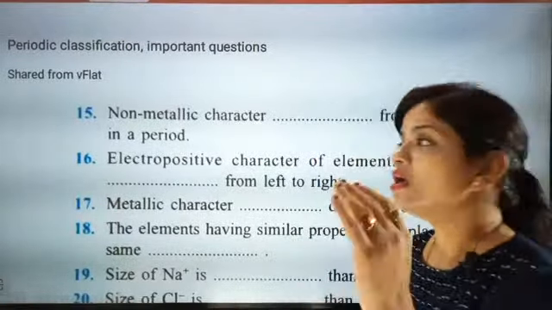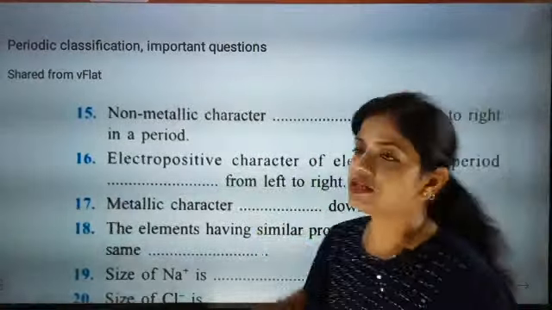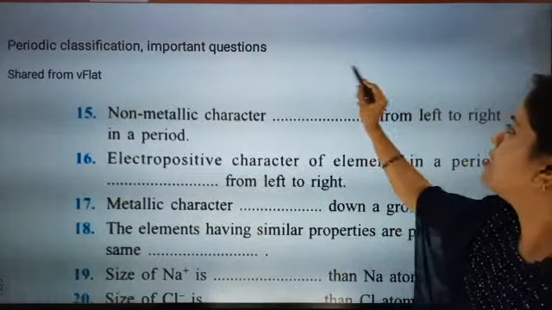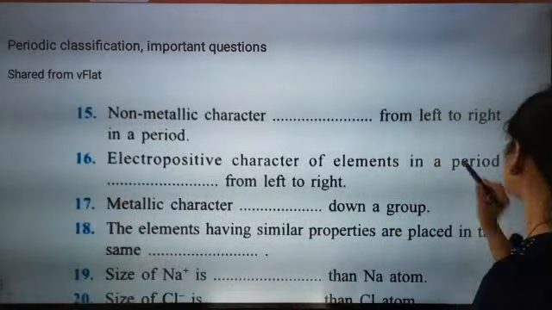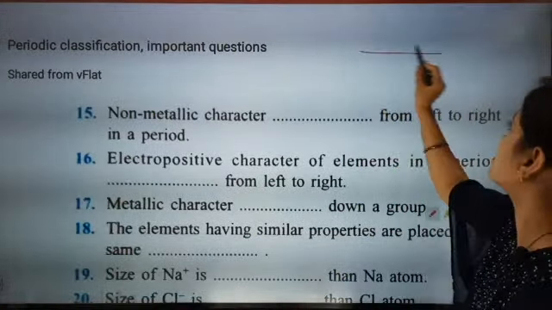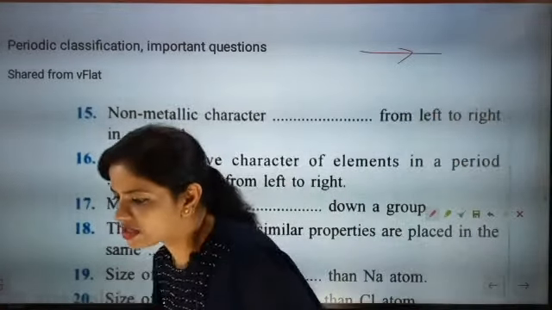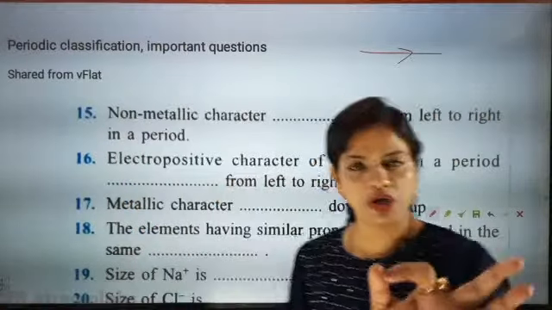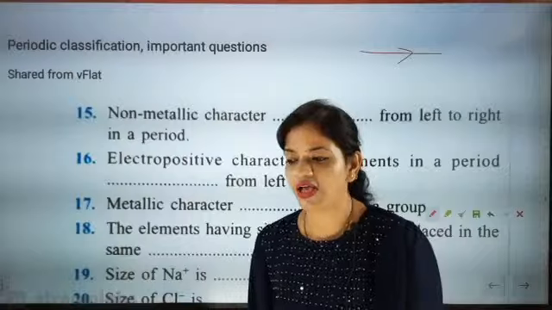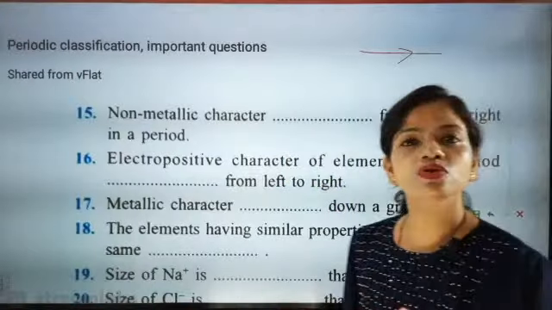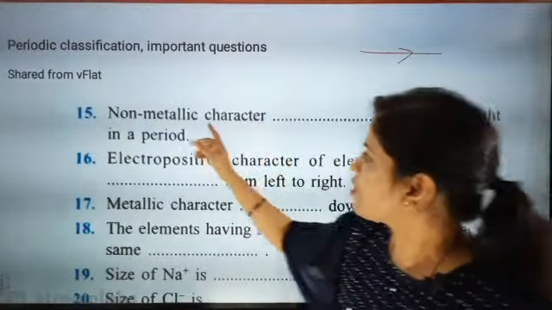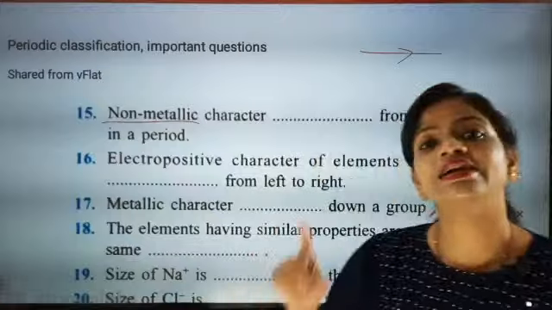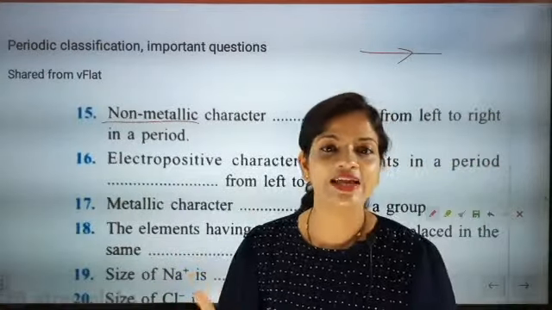Non-metallic character dash from left to right in the periodic table. When you go from left to right in a periodic table, what happens to the non-metallic character? Absolutely. Remember this: metallic character decreases, non-metallic character increases.